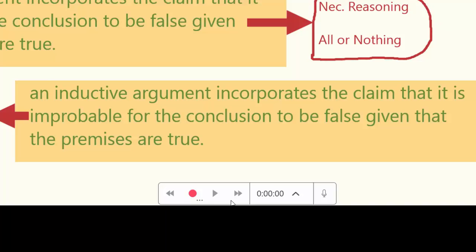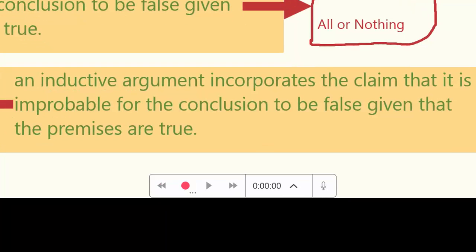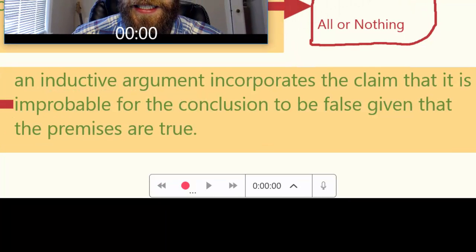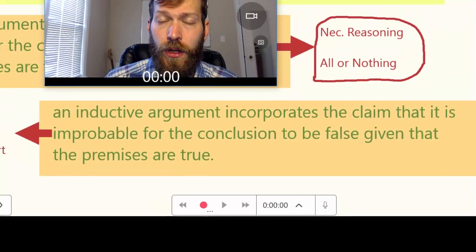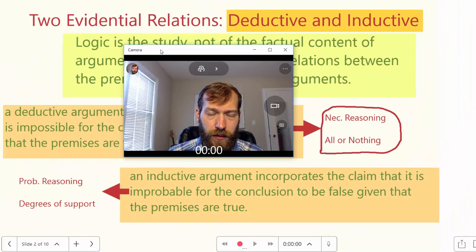In contrast, we have our inductive arguments. And an inductive argument incorporates the claim that it is improbable for the conclusion to be false given that the premises are true, also with an additional assumption that we haven't purposely left out any pertinent information that we're aware of.